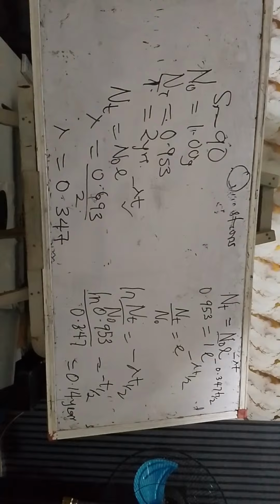But in this question they said initial activity. Initial activity means the initial number over the final number, so N0 over Nt will give us the initial activity. So you will now convert that activity.